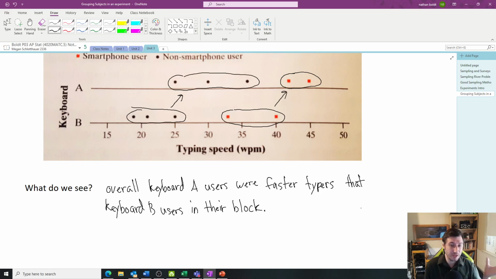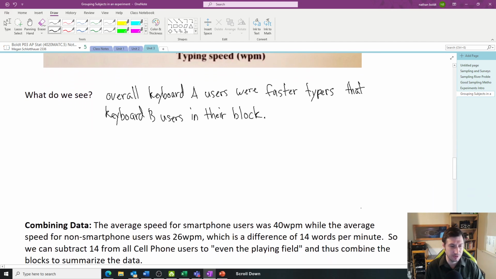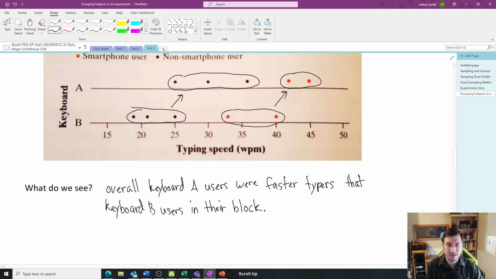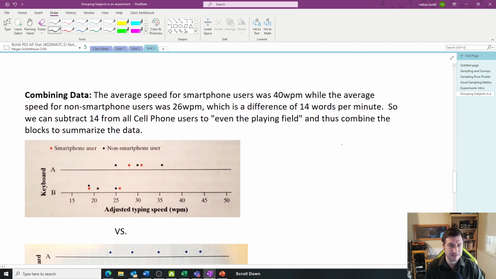Now, that's not the only way to describe or show that data. They do something kind of fancy here in the book, is they combine the data. Instead of having the red above the black, what they did was, this is kind of fancy. I'm not sure how important this is, but it could happen.